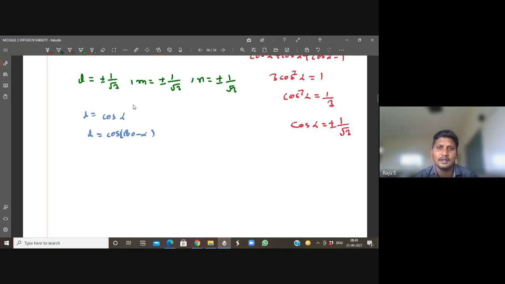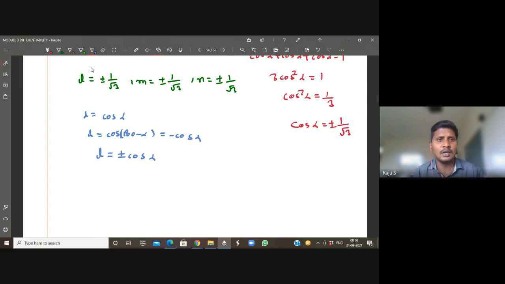But mostly we take the angle as an acute angle, so we take cos alpha, cos beta, cos gamma only. Cos of 180 minus alpha is minus cos alpha. From these two, l is equal to plus or minus cos alpha. Is it okay? L has two values, plus and minus.